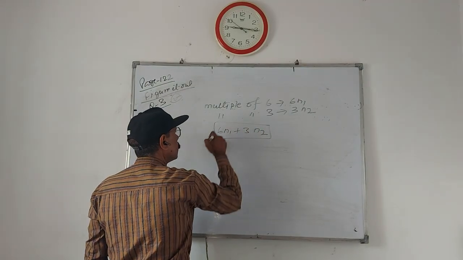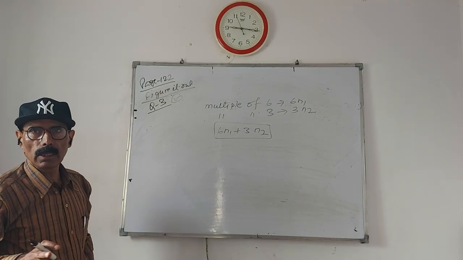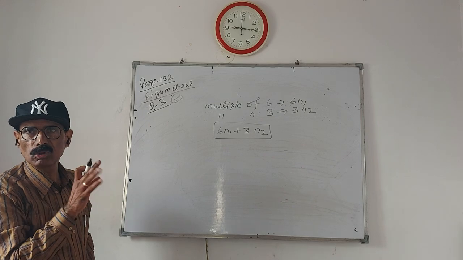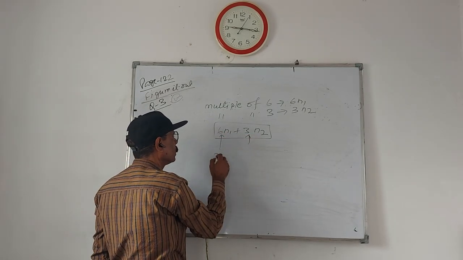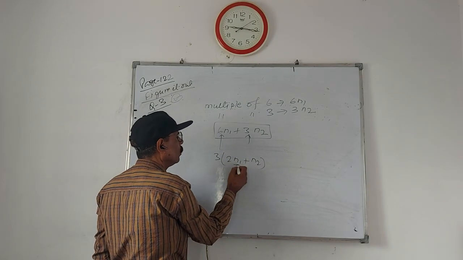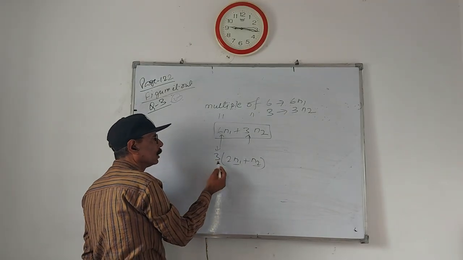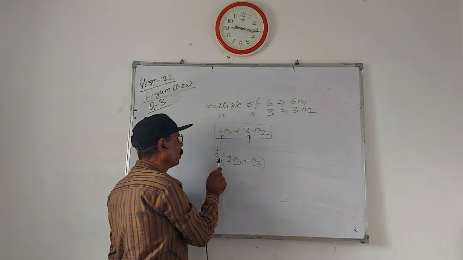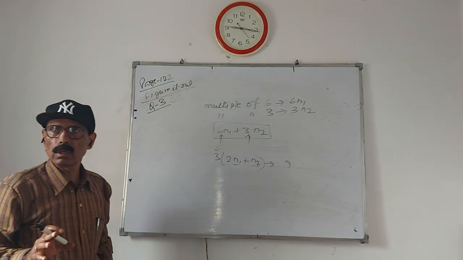This is the sum of the multiple of 6 and the multiple of 3. Is this a multiple of 9? No, because the common factor is only 3. You can take 3 out: 3 times 2 n1 plus n2, for any values of n1 and n2. So this is not a multiple of 9.